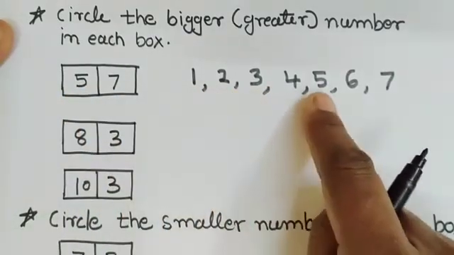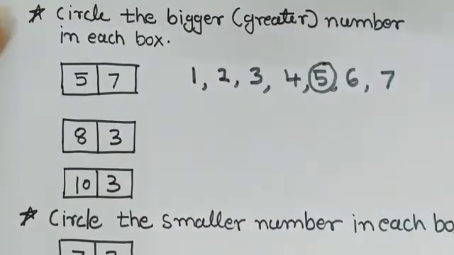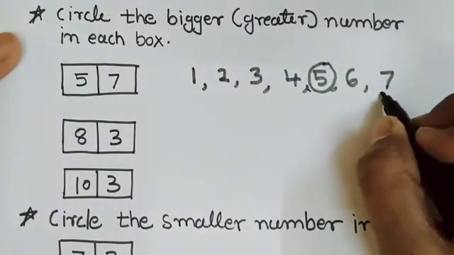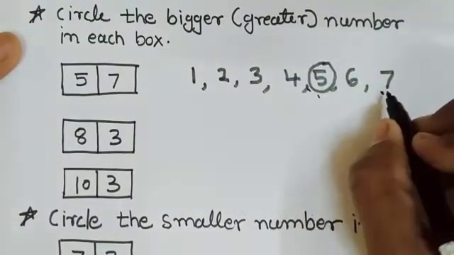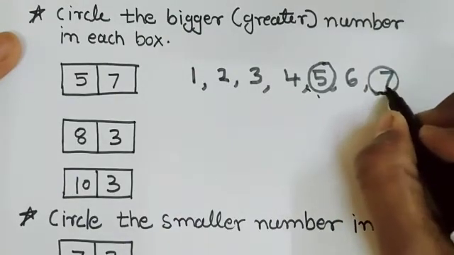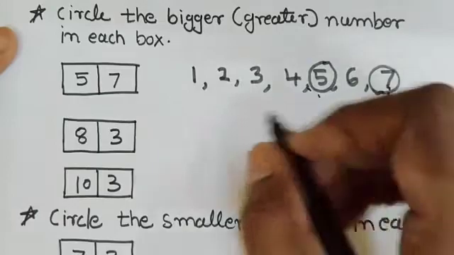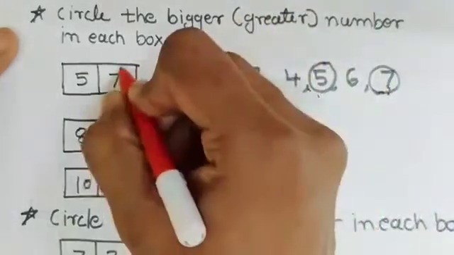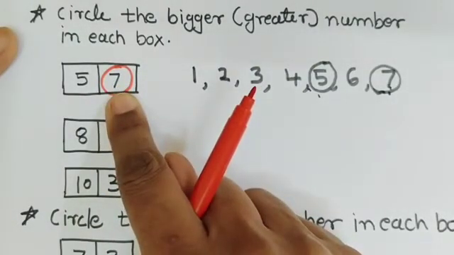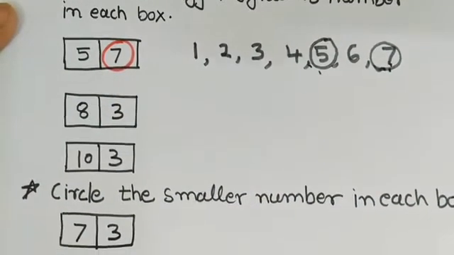Here in serial order 5 is before 7. So 5 is smaller and 7 is greater, because 7 is coming afterwards. Okay. So here with the help of serial order we can come to know that 7 is the greater number. Like that we will do the next question.